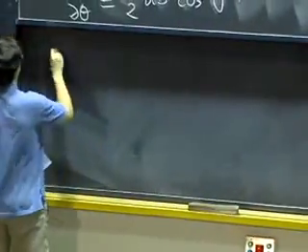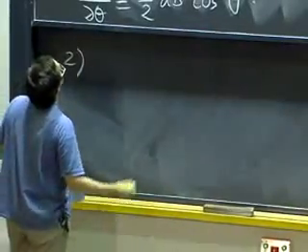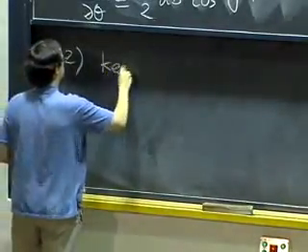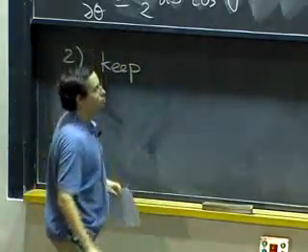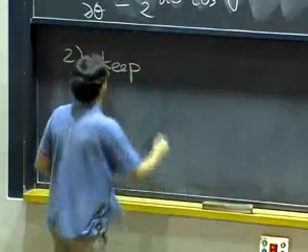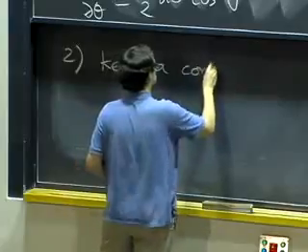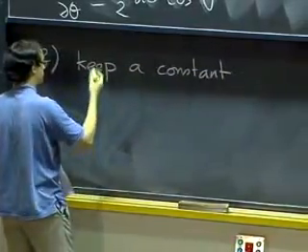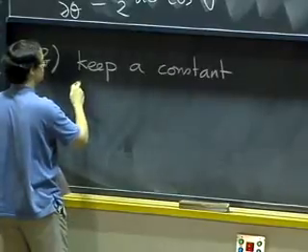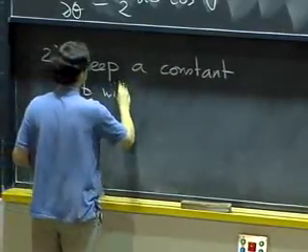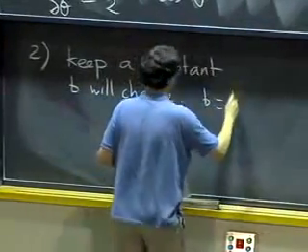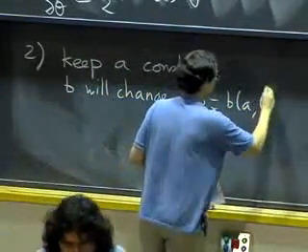That's why I said we have 3 different answers. So the next one is, let's say, keep A constant. And that means that B will change. B is going to be some function of A and theta.